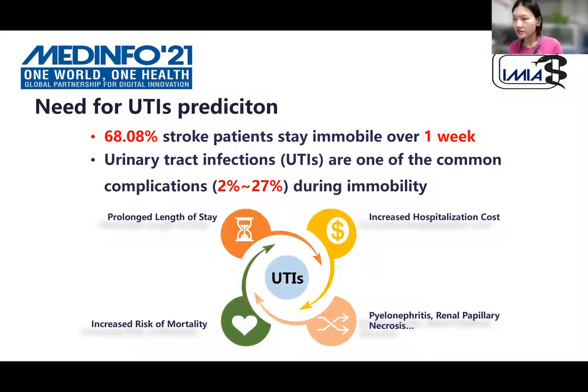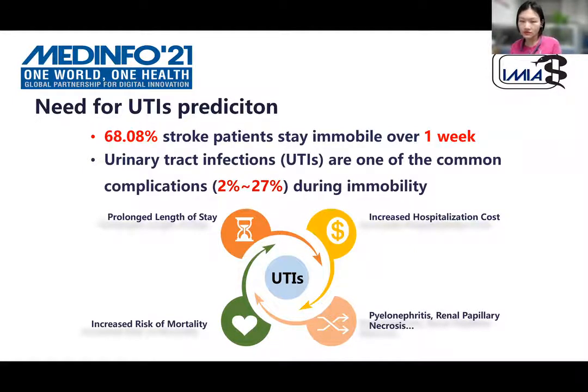Stroke patients tend to suffer from cerebral nerve damage, which means they are more likely to deteriorate into immobility and suffer from relevant complications.